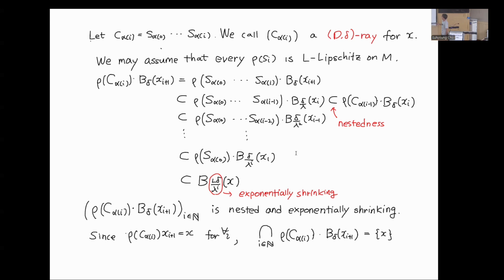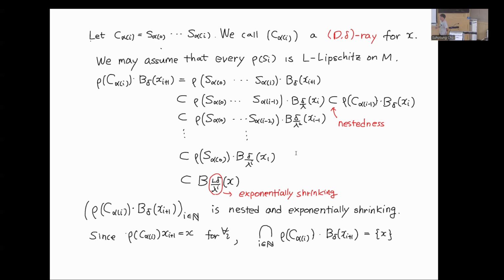Because we have this delta ball of Xi plus 1 contained in here by the S alpha I. And also, by using the 1 over lambda contracting property, we can show that this delta ball of Xi plus 1 is mapped to the inside of the delta over lambda ball of Xi, the x by the C alpha I.